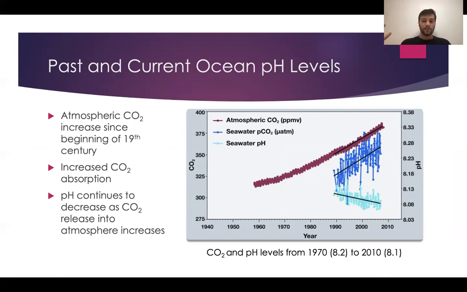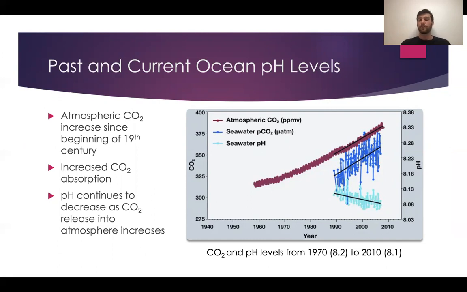So we realize that some people say CO2 goes on this up and down natural scale. It's just a cycle that the Earth goes through, which may or may not be true, but we do know that humans have been emitting extra carbon into the atmosphere since the beginning of the 19th century with the Industrial Revolution.